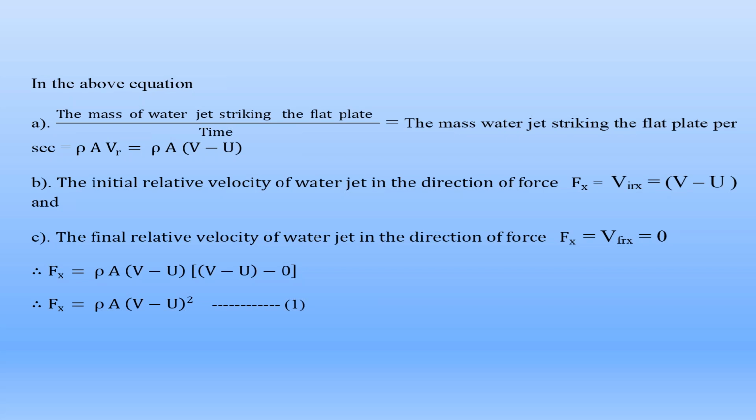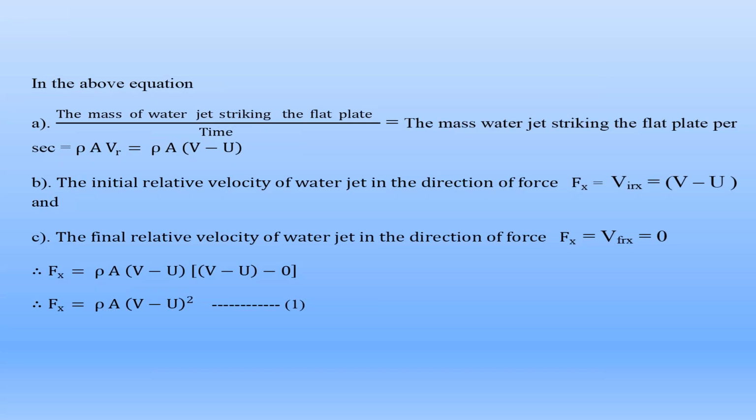Then the final relative velocity of the water jet in the direction of force Fx, VFRX, is equal to 0 because the final relative velocity VFR is acting on the y-axis.